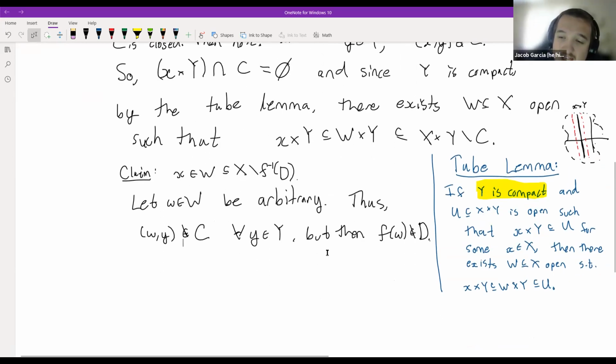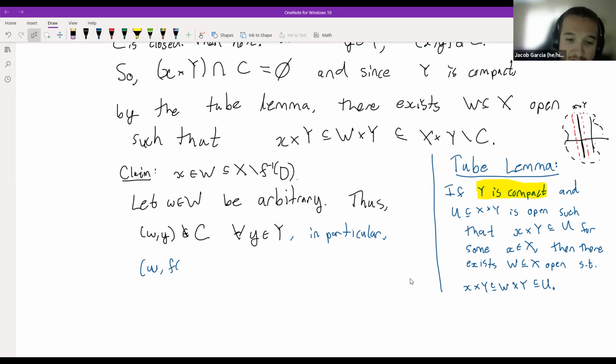Right, so I guess the idea here is that, in particular, (w, f of w) is in C, right?